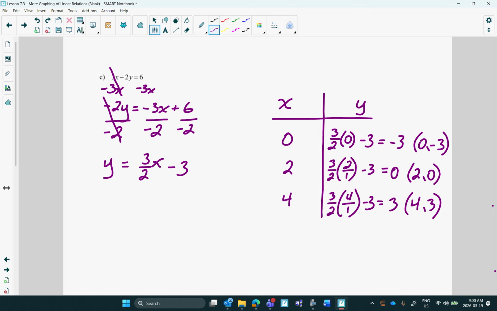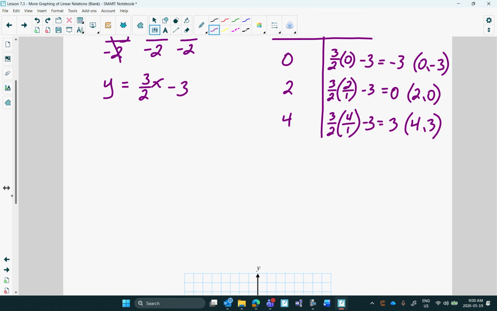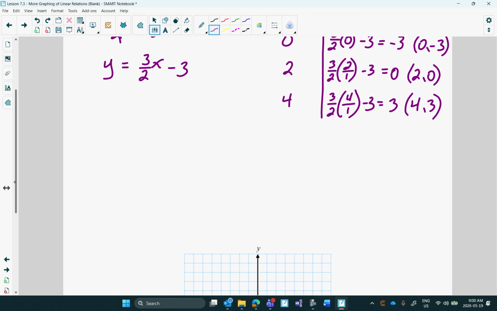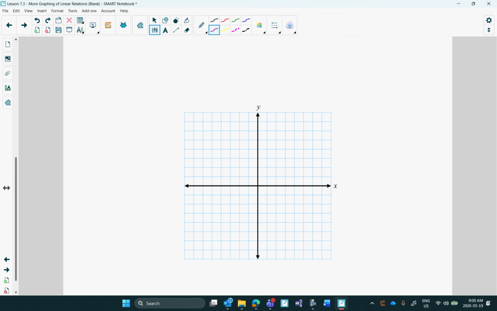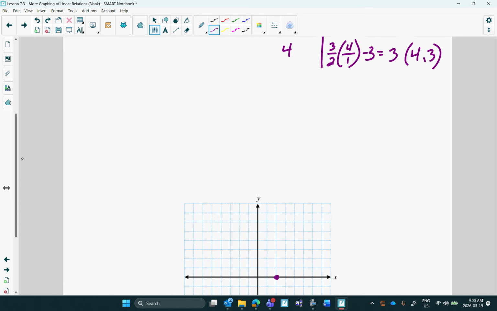Let's see if Ralph was right. The points are 0, negative 3; 2, 0; and 4, 3.